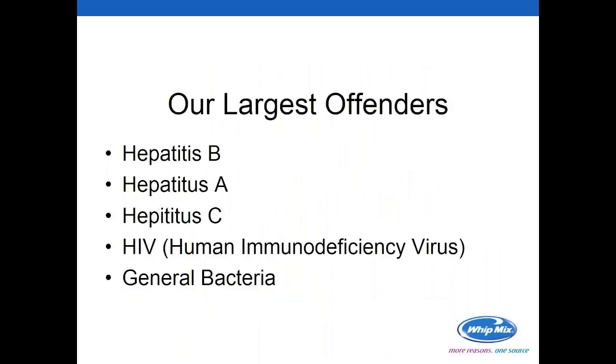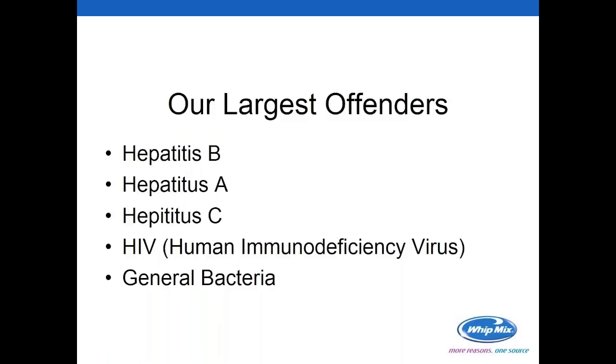Okay. Now, these are our largest offenders right now. Hepatitis B is a big one. It gets transferred around a lot. Hepatitis A has had a little bit of a resurgence lately. I know here in Louisville, we've had quite a bit of it. That's popped up, generally associated with the food industry, and has to do with really not good cleanliness on the parts of human beings, not establishments necessarily.